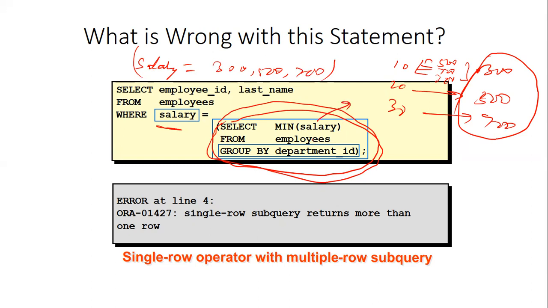But a subquery used here must return a single value, then you will be able to use a single-row comparison operator. So now you cannot utilize this operator. If you are using it, then the subquery is required to return a single value, otherwise you cannot utilize it. That's why it is written as single-row subquery returning more than one row.